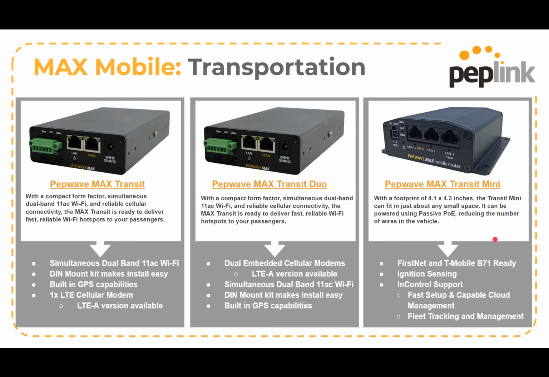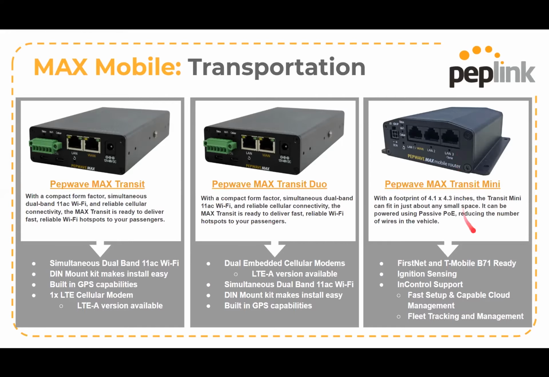The Max Transit Mini is a specialized Max Transit. One, it's transportation certified. And two, it has an extra LAN port, right here, that's different from the BR1 Slim. Those are the main differences.